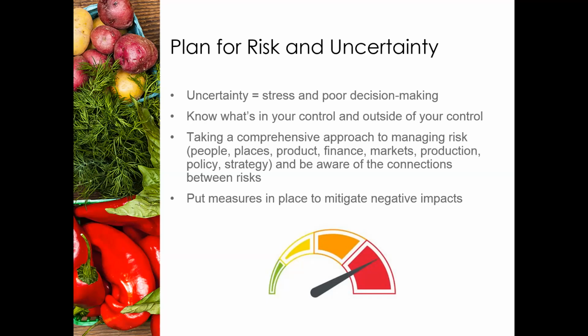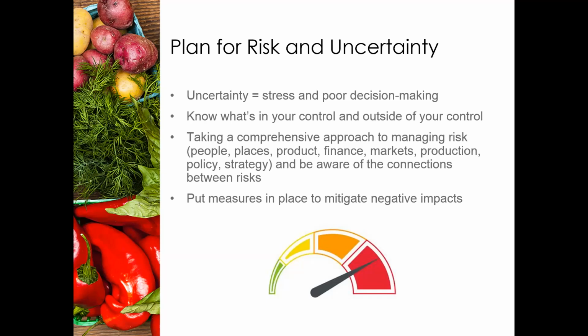The more uncertainty there is, the more you're going to be stressed about what's coming up in the future for you. And there's a lot of things out of our control in the agricultural industry. So to be able to build a plan around that and manage your risk will certainly help to reduce that uncertainty, and at the same time reduce the stress and possible poor decisions that you might make because of the situation that you're in.